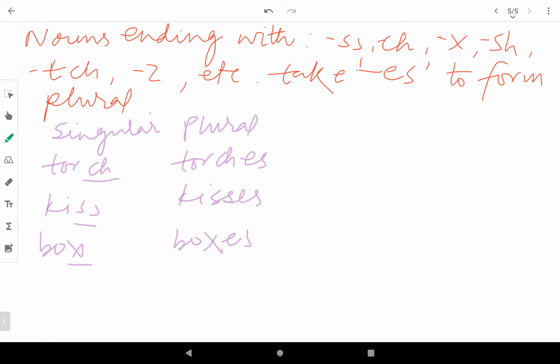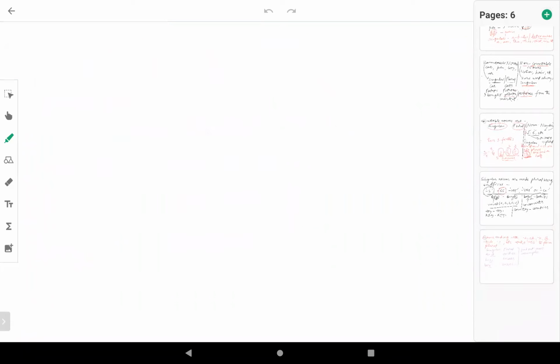So you have to work on this to find more examples. So this is how we make countable nouns plural.